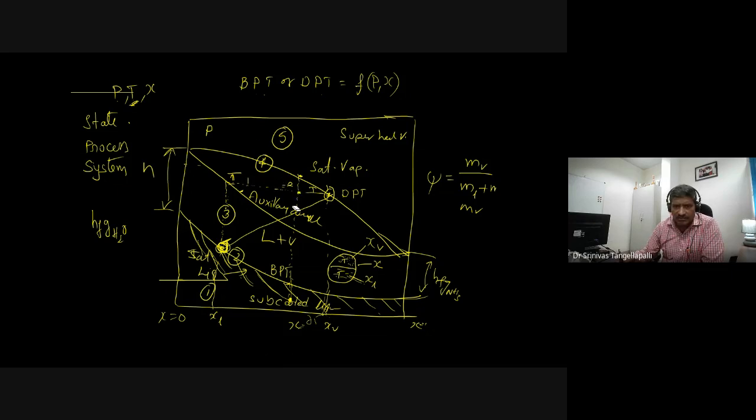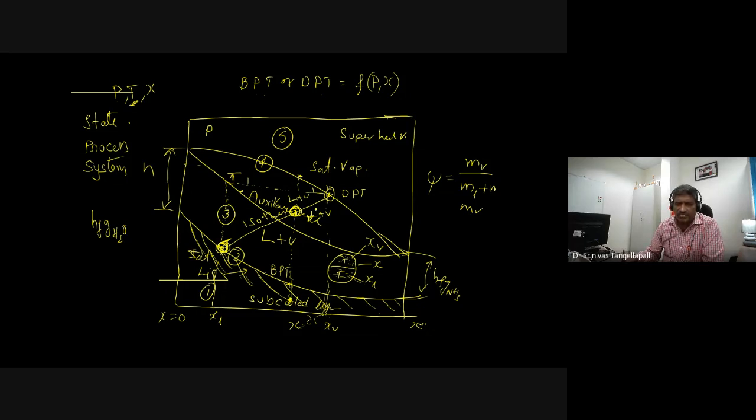Let me correct this line. This is a mixture of liquid and vapor. This line is called the isotherm. For example, if you are separating this liquid plus vapor, this is the separator. The liquid is separated and the vapor is separated.